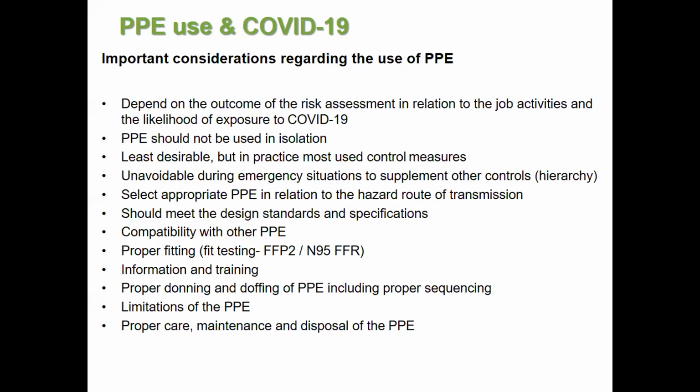So by design, the respirator does not give full protection. So we need to eliminate those shortcomings by making sure that we choose the right size and the right type, so that whatever we need to achieve from that product, we get it fully by eliminating those individual factors. Then the concept of proper care, maintenance, and disposal is very important.